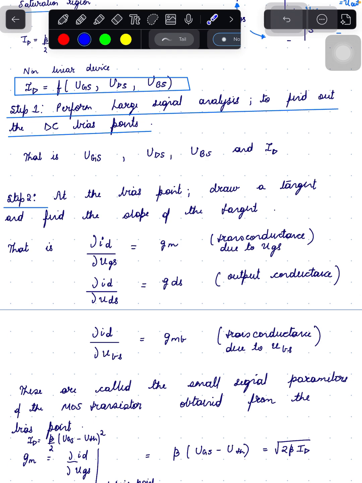These, that is GM, which is the transconductance due to UGS, GDS, GMB, are called the small signal parameters of the MOS transistors, which are obtained from the DC bias points.